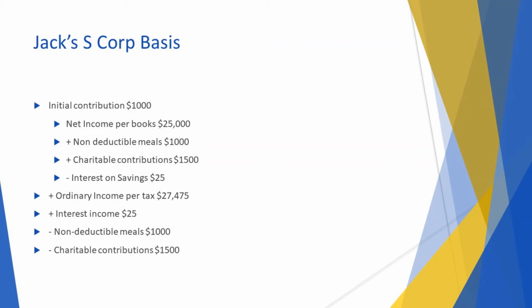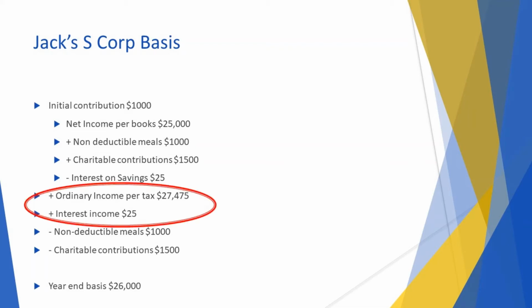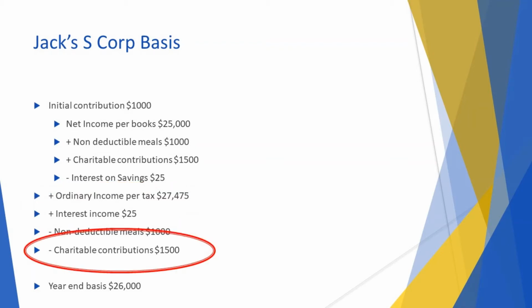And subtraction of charitable contributions, $1,500. A little math, and we have basis before distributions of $26,000. Jack will pay tax on ordinary income of $27,475 and $25 of interest income, and he may be able to deduct $1,500 in charitable contributions.